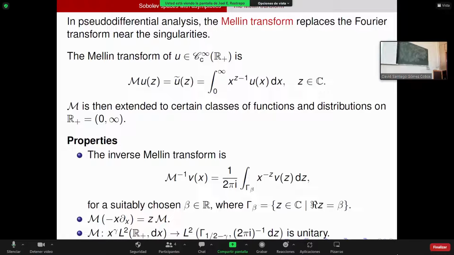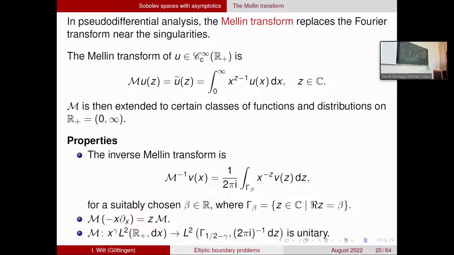So the standard L2 on the half line becomes the L2 on the vertical line where the real part is 1/2. So the standard L2 goes to the L2 on gamma 1/2. Okay, so those are the properties we're going to use.